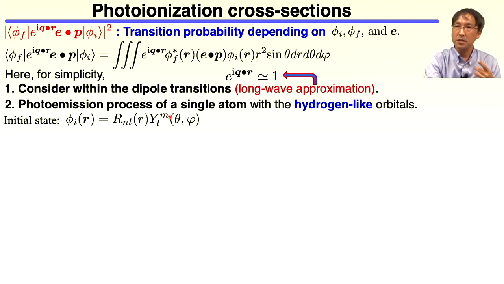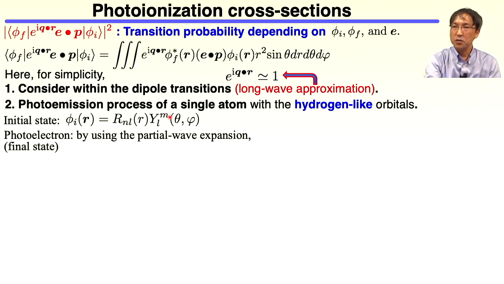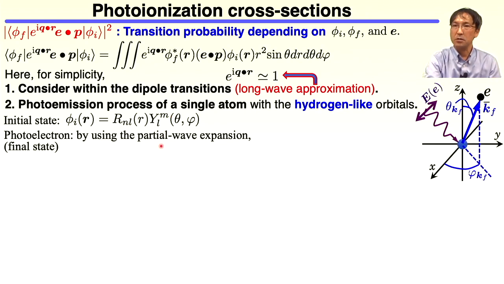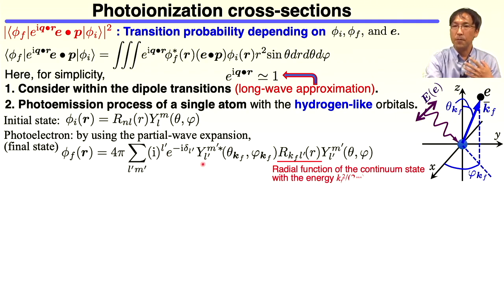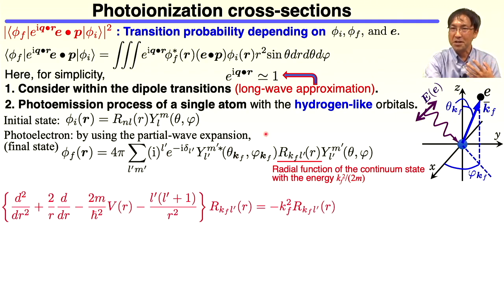For the final state, the photoelectron is nearly free electron-like. For such a state, it is known that the wave function can be expressed by using the partial wave expansion, with the formulation shown here. R_kf,l' stands for the radial wave function of the continuum state with the energy of ħ²kf²/2m. m stands for the electron mass.